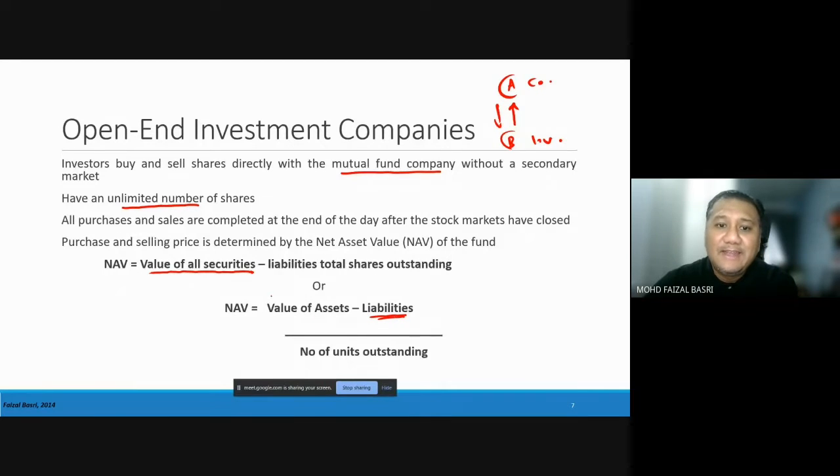Then they get the net value. Then it is divided by the number of shares outstanding, just like NOSO. Number of shares outstanding or number of units outstanding, in this case because it is not shares, it is units. From time to time this net asset value can change. Usually the number of units does not change, only the value of assets changes. When the value of stocks increases, obviously the NAV will increase. If the value of the stocks drops, the NAV will drop in value.